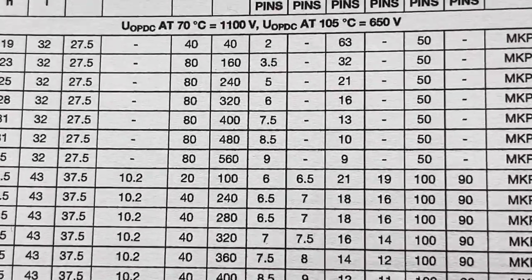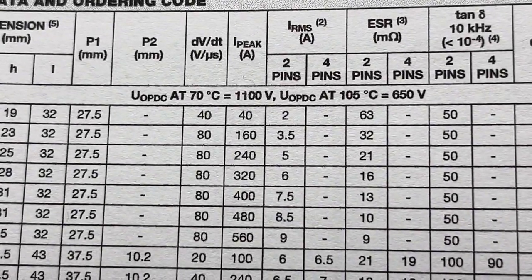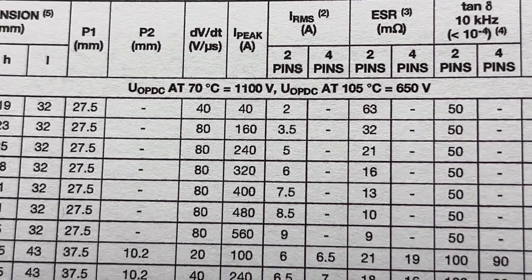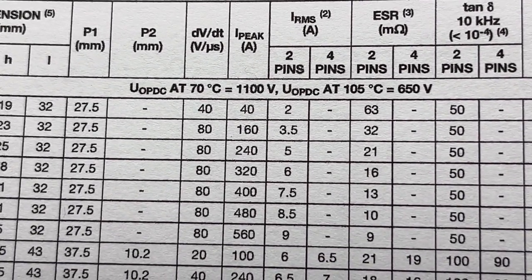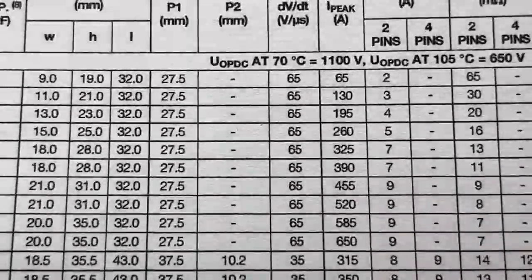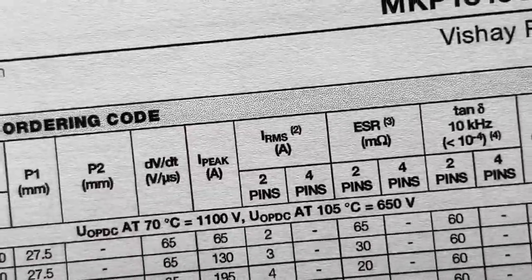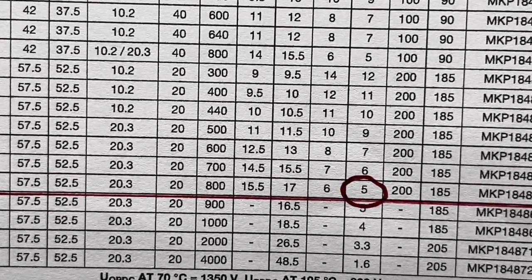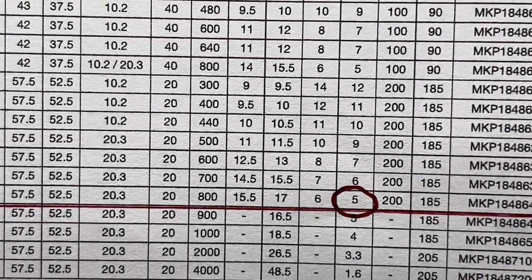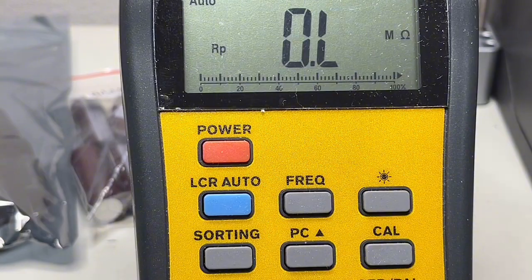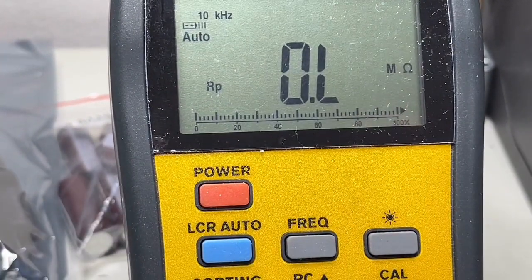It should be the ESR at 10 kilohertz, more or less. It doesn't say here, but it says 3. What is 3? Do I have it here? Nope. Anyway, ESR of more or less 5 milliohms. This is what the datasheet says. Okay, we believe it. Let's test it.